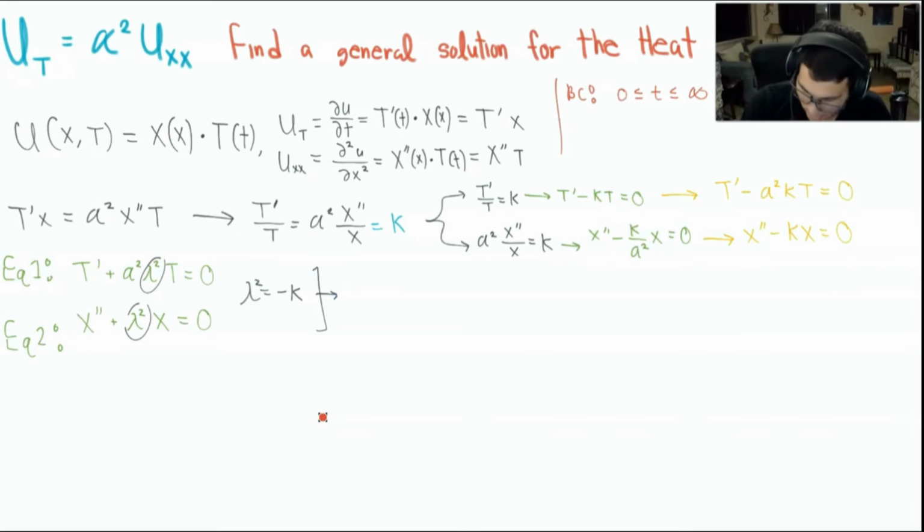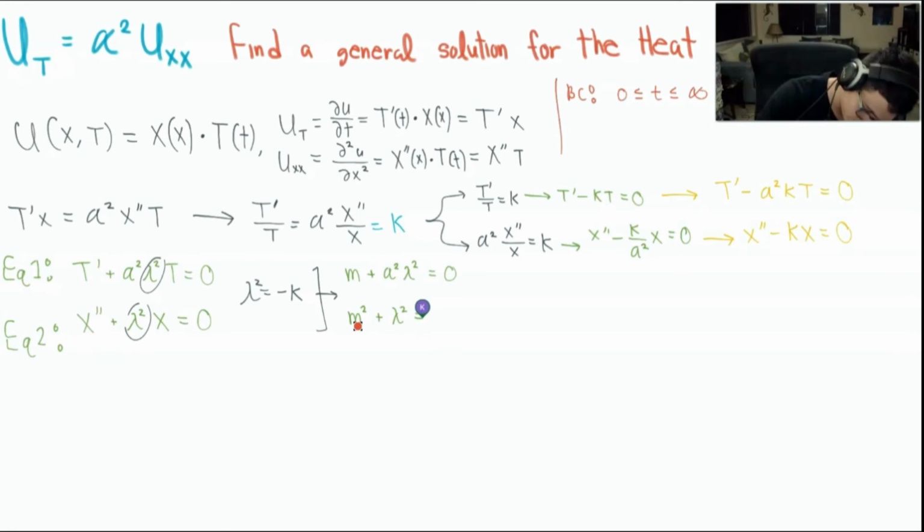Now I'm going to start solving these. I rewrote it four different ways just to be able to solve it. That's what this class is really about, learning how to rewrite things into something that you can solve. If I use the method where I just call the derivatives a polynomial of a degree, this is m plus a. My alphas have turned into a's. m squared plus lambda squared is equal to 0.